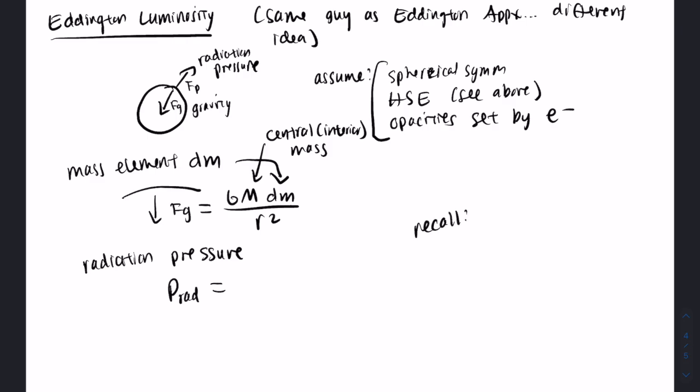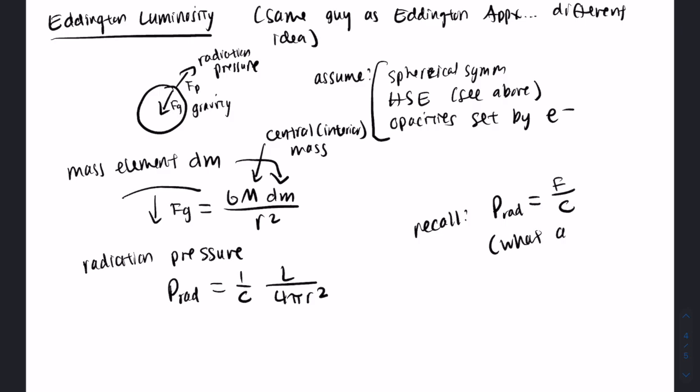You might remember that our third radiative moment, that K integral, was related to the radiation pressure. And what it told us is that the pressure of radiation is equal to technically the radiative flux over c, but we'll say flux over c. So for pressure due to radiation, we can then write flux as luminosity over 4 pi r squared. Remember, r is the stellar radius, and then all of that over c, and that'll be radiation pressure.